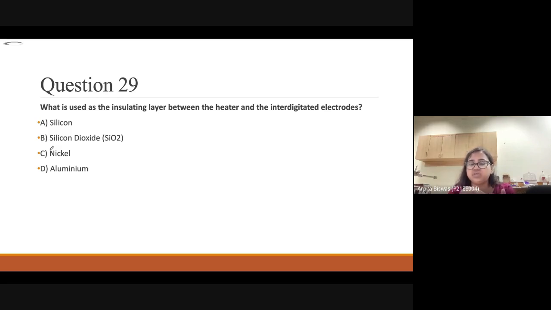The micro heater is used for heating, and the interdigitated electrode is prepared to measure any changes in the electrical property of the active layer. That's why, to prevent shorting between the two layers, a thin layer of oxide is used.